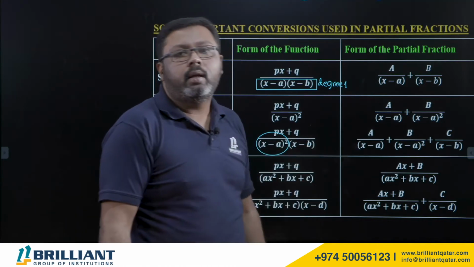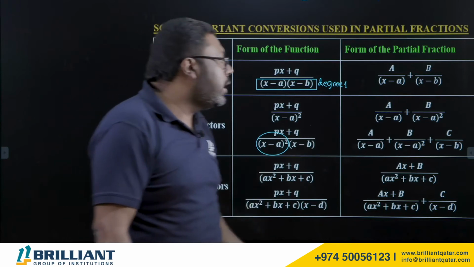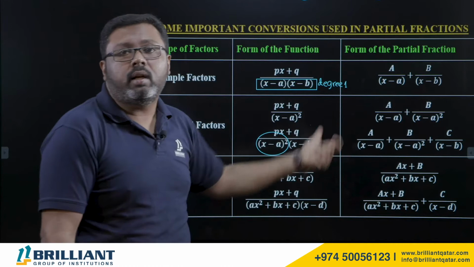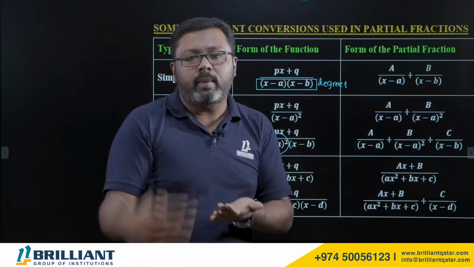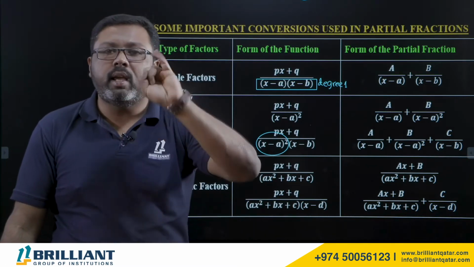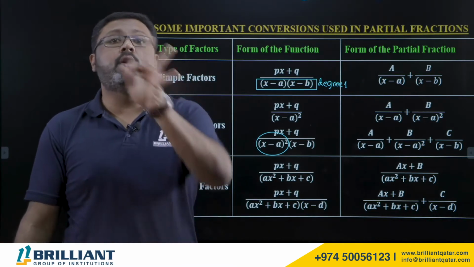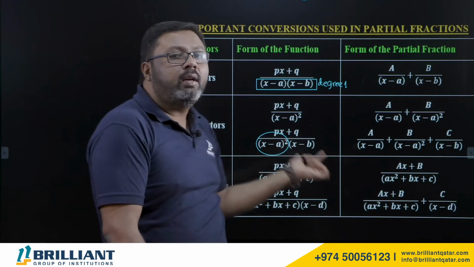A by x minus a, b by x minus a squared, c by the remaining factor x minus b. So the repeated factor, like if it is repeated 3 times, then you have to use 3 arbitrary constants: a by x minus a, b by x minus a squared, c by x minus a cubed.